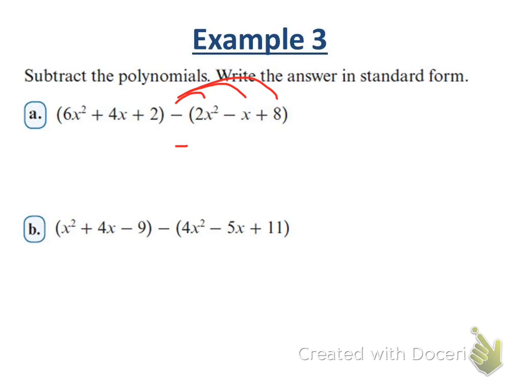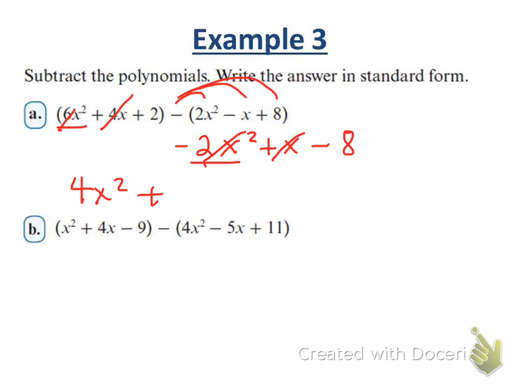And that'll give us negative 2x squared plus x minus 8. All right, and then you can combine like terms. 6x squared minus 2x squared is 4x squared, right? 4x plus 1x is 5x, and 2 minus 8 is negative 6.